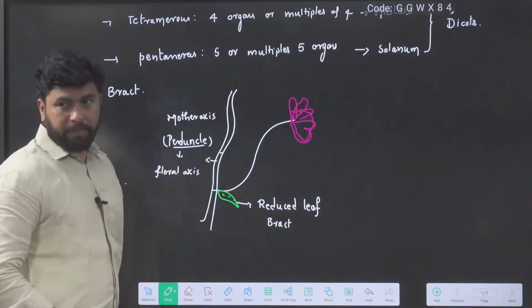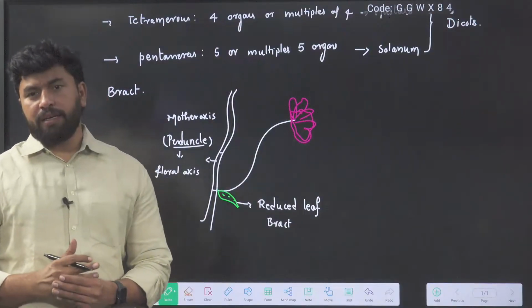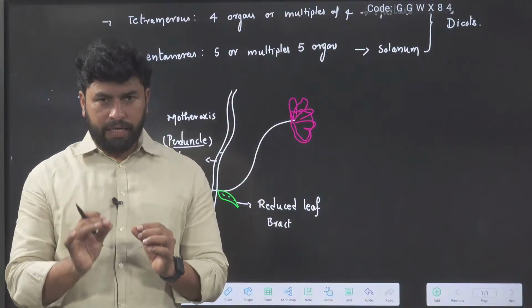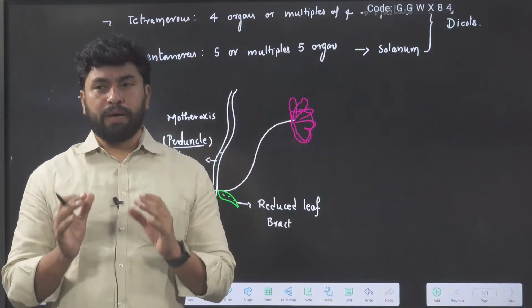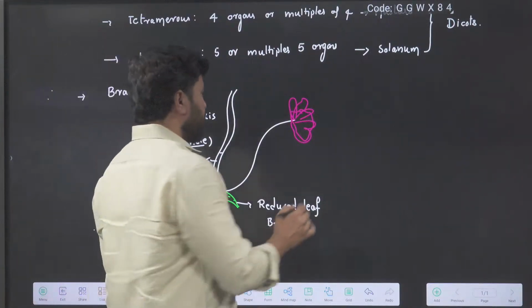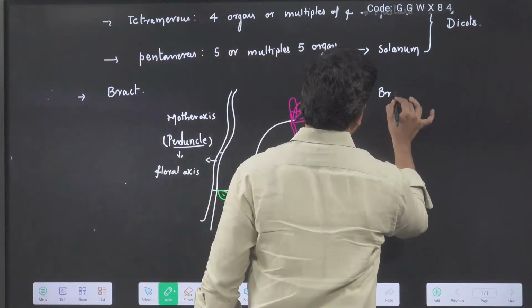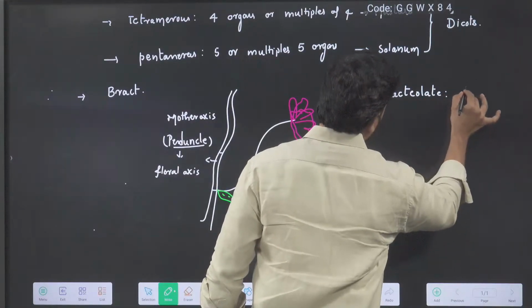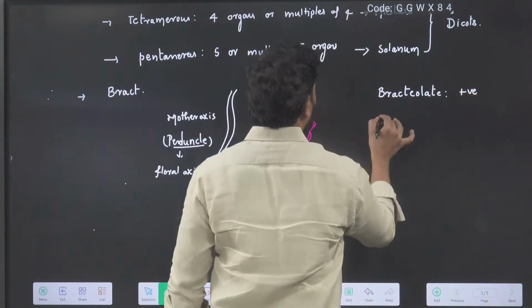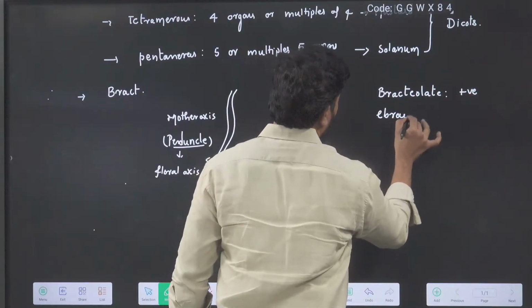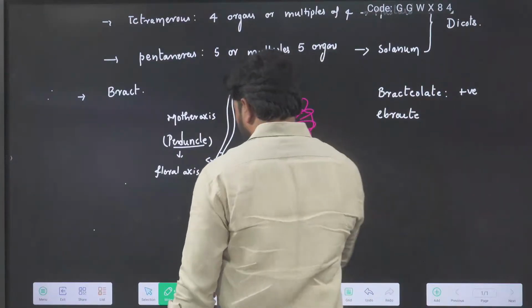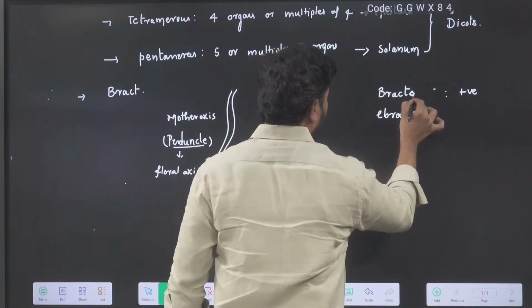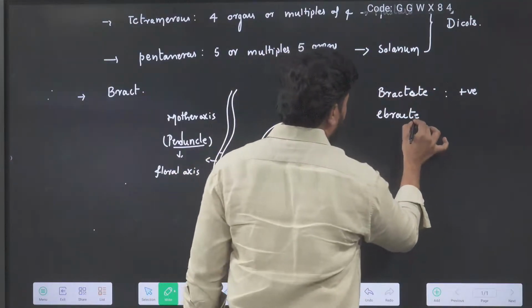This is one variety. Next, it's not compulsory that on the surface of the peduncle, at the origin of a flower, there should be a bract. If bract is present, the flower is called bracteate.